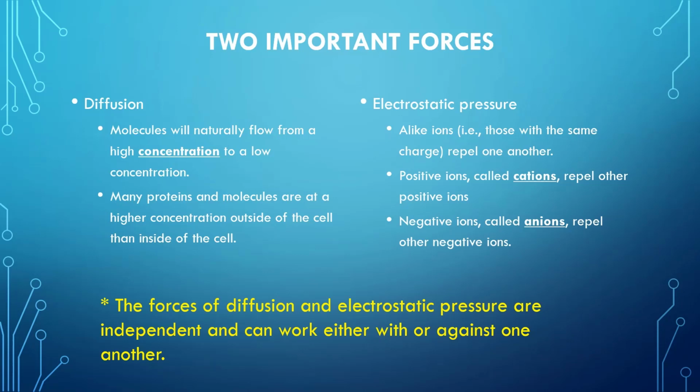However, they might be pulled to stay closer together because of electrostatic pressure, because maybe they're already sitting in a zone that has a lot of opposite ions, even though they're at a high molecular concentration. So the fact that these two can work independently of each other is kind of key for the different things that drive molecules in and out of a neuron and at specific times.